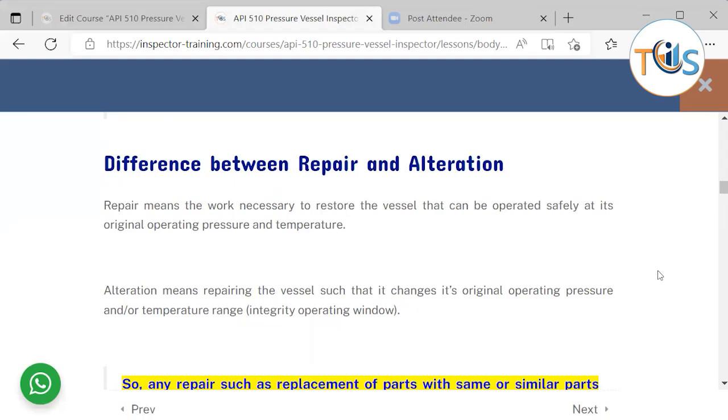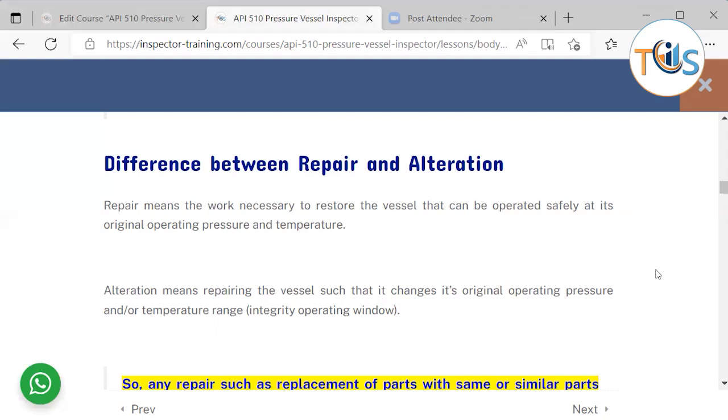Now alteration means repairing the vessel, but then the integrity operating window, or the original operating pressure and temperature, has changed. For example, you can increase the pressure because you have reinforced the vessel, or the other way around. So you have re-rated the vessel. It's called re-rating.